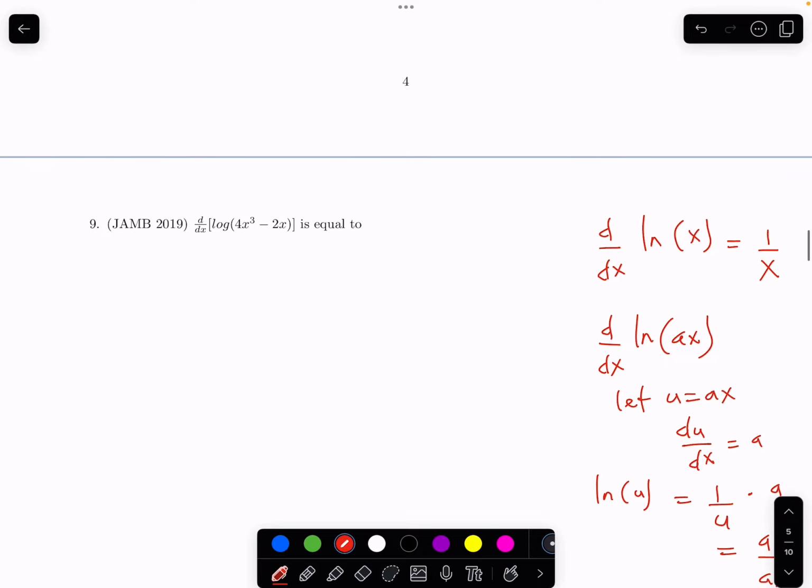Okay, so now applying that for this one, I'm going to take the derivative of what is inside here. So just a quick way is to take the derivative of what is inside there, which is 12x squared minus 2, divided by exactly that thing, 4x cubed minus 2x.